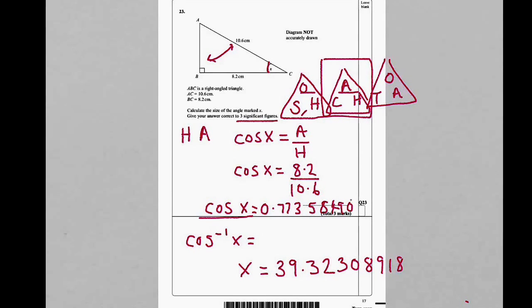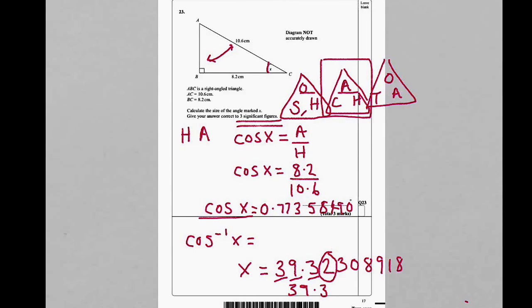Need to remember that it asked me for 3 significant figures. So that's my first significant figure, second significant figure, third significant figure. It's either 39.3 or it's 39.4. I need to look at this digit, and because it's below 5, it tells me that it rounds down to 39.3 degrees to 3 significant figures.